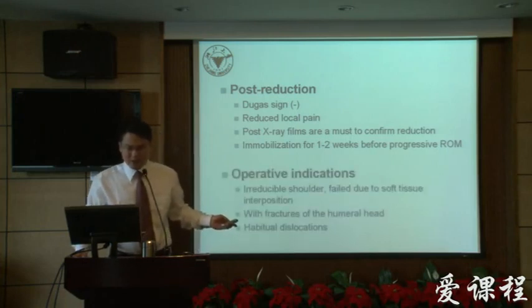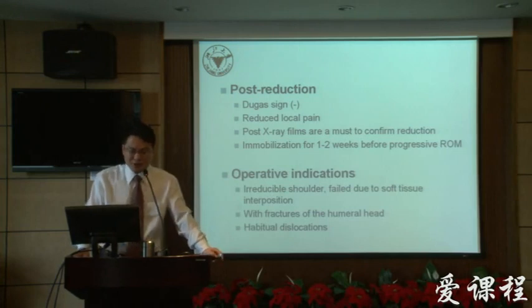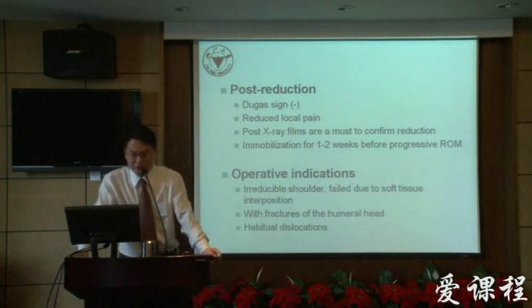Occasionally, shoulder dislocation needs operative intervention. For example, if the shoulder cannot be reduced or fails to reduce due to the interruption or interposition of some soft tissues such as the shoulder capsule.